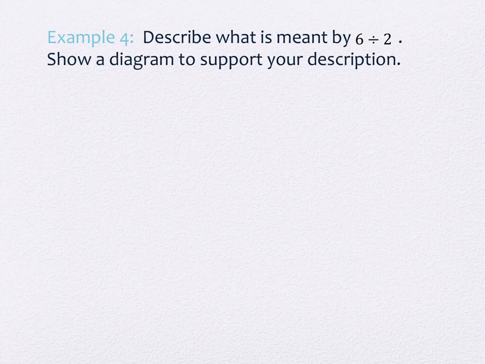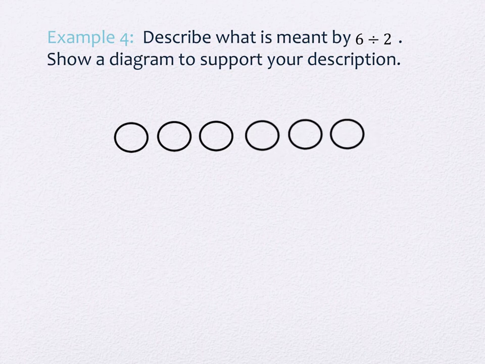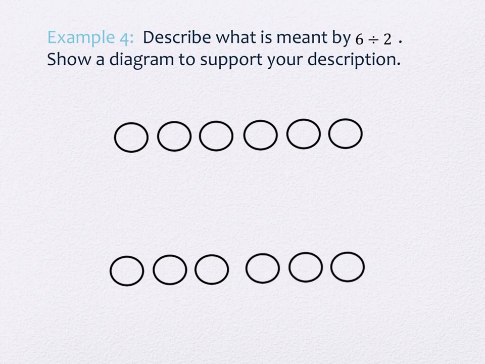Okay? So we're going to draw 6 items. And because I'm going to draw the picture twice, I'm just going to go ahead and draw them now, so they're all together. All right, so there's 6 items there. And there's 2 ways to divide by 2.